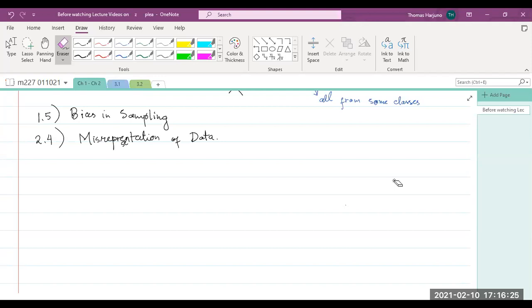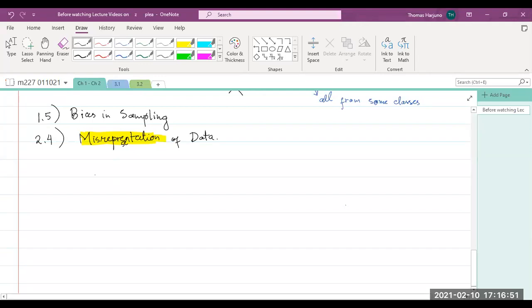In other words, misrepresenting the data. When you study this section, don't see it from how it is misrepresented, but see it from how you can be creative in presenting your data so that the listener, the viewer, is attracted to the concepts, the idea that you try to present.